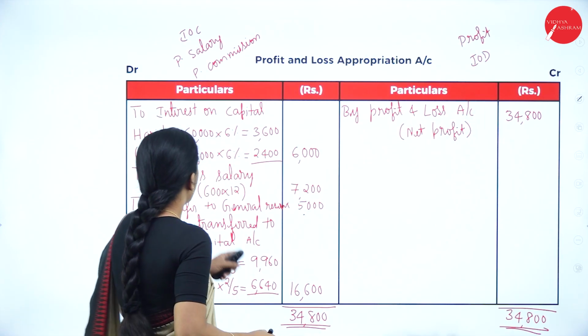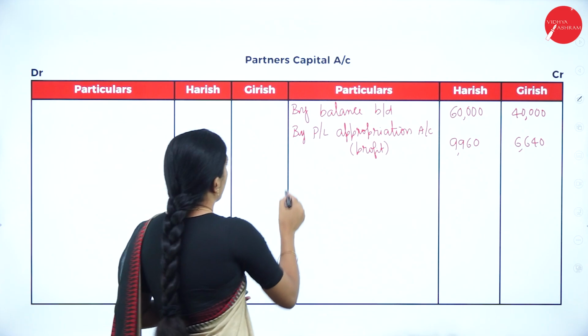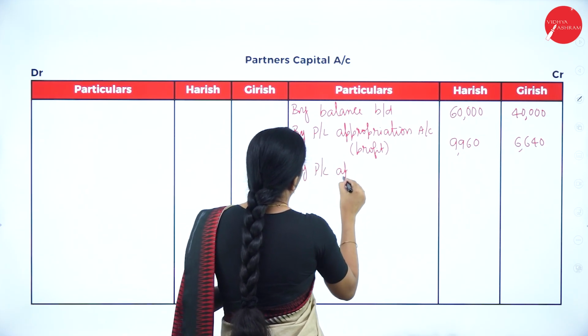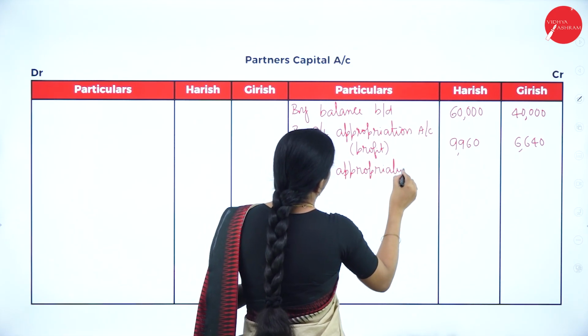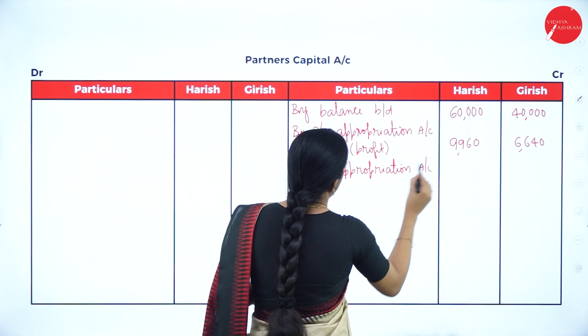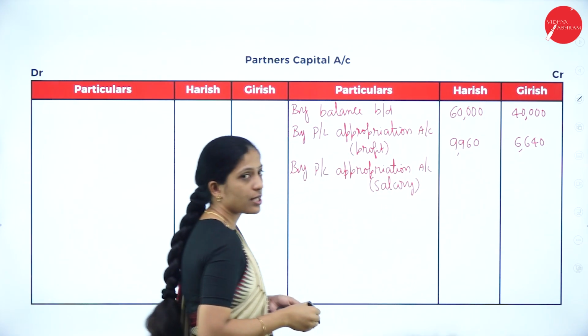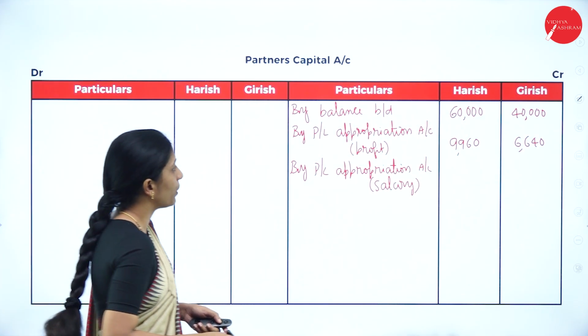Next, if you see here, we have Girish's salary, which is partner's salary. So how do you record? By P&L appropriation account, salary of the partner. So, Girish salary. You have to record the amount in the Girish column, that is 7,200.